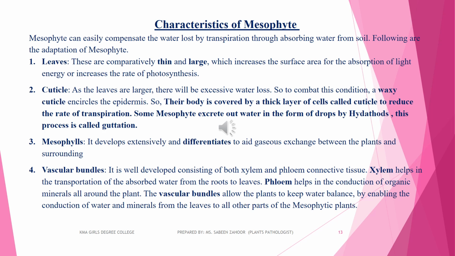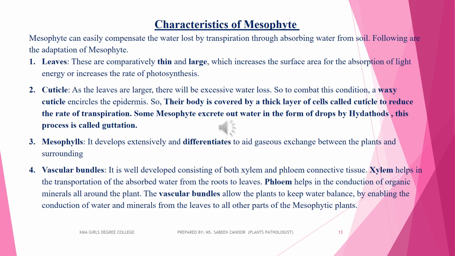Whereas some mesophytes excrete water in the form of droplets through specialized cells without guard cells. These specialized cells are called hydathodes, and the process is called guttation. Clear, girls? That's very good.